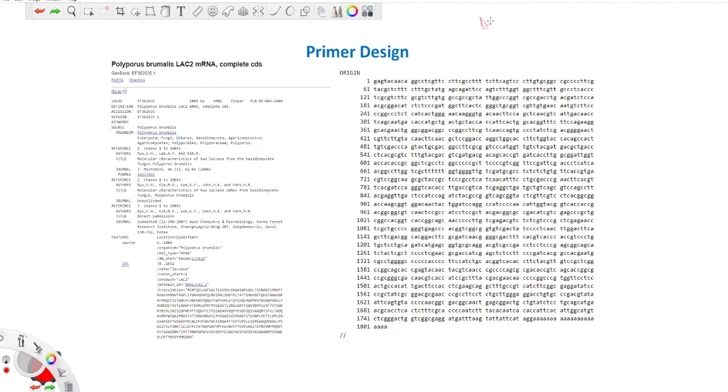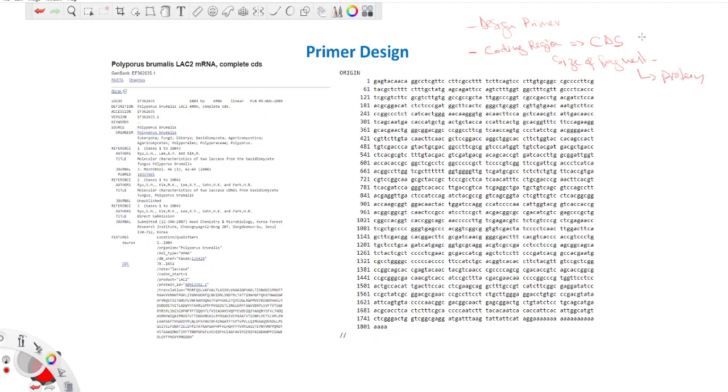We will design the primer, but before we design the primer, what we need to find is actually the coding region. And this coding region, we refer to it as a CDS. From this coding region, we are also going to try to get the size of our fragment, and after that, we're also going to know the size of the protein product.